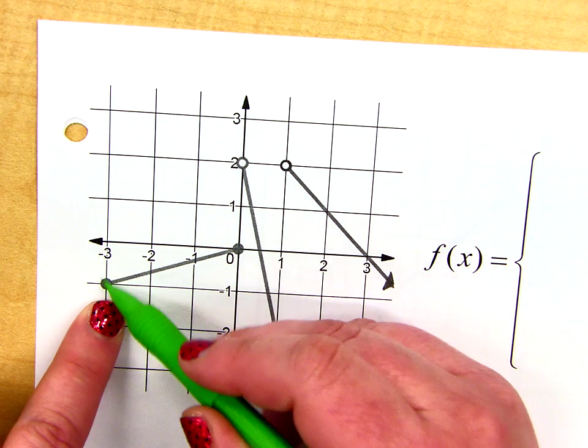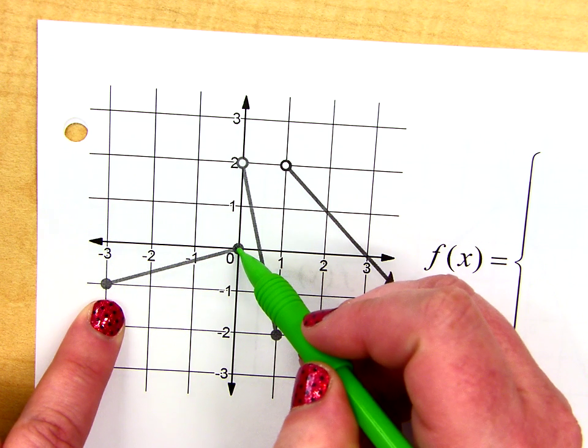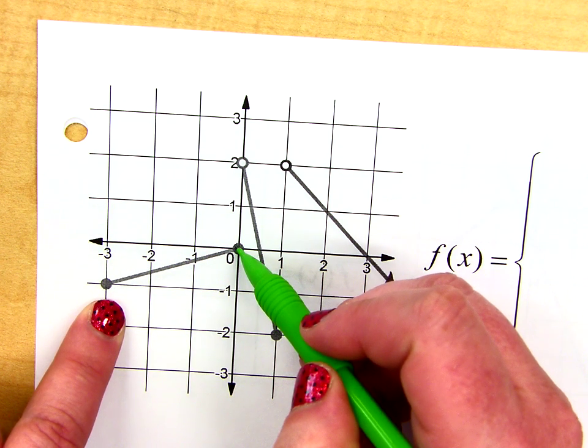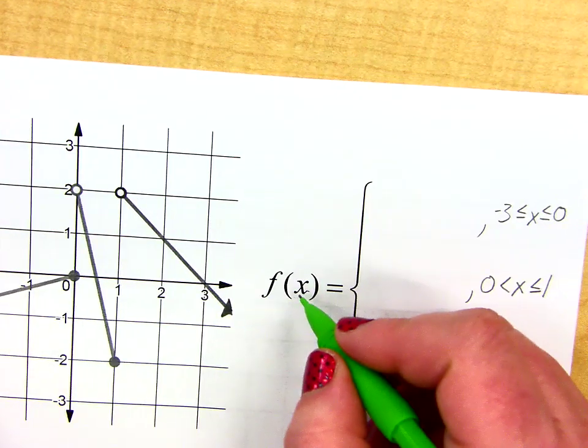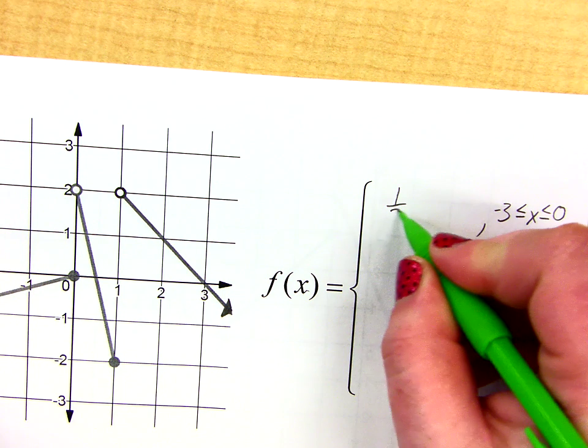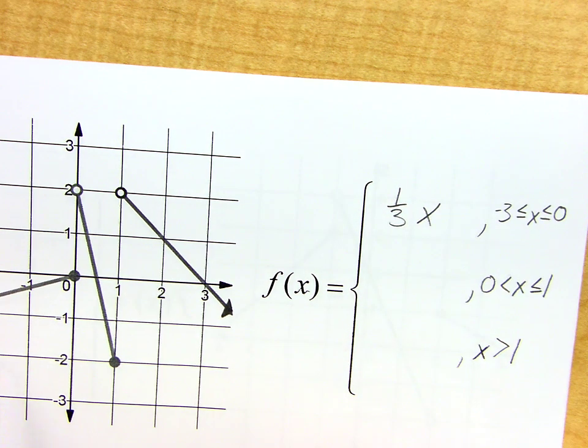From one dot to the other, I'm going up 1/3. So this equation, wouldn't it be y equals 1/3 x? Yeah, so I already have the y here as f of x, so I'll just write that in as 1/3 x. All right, that was easy enough.